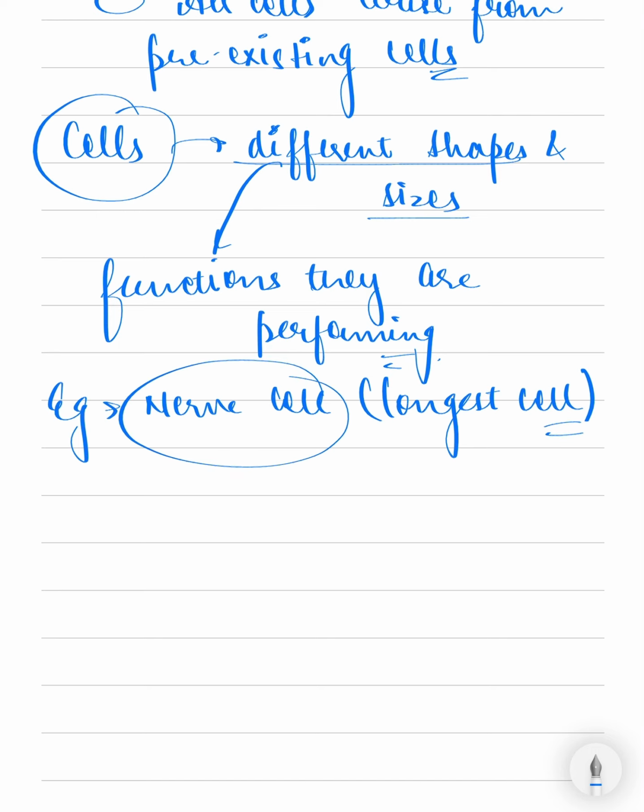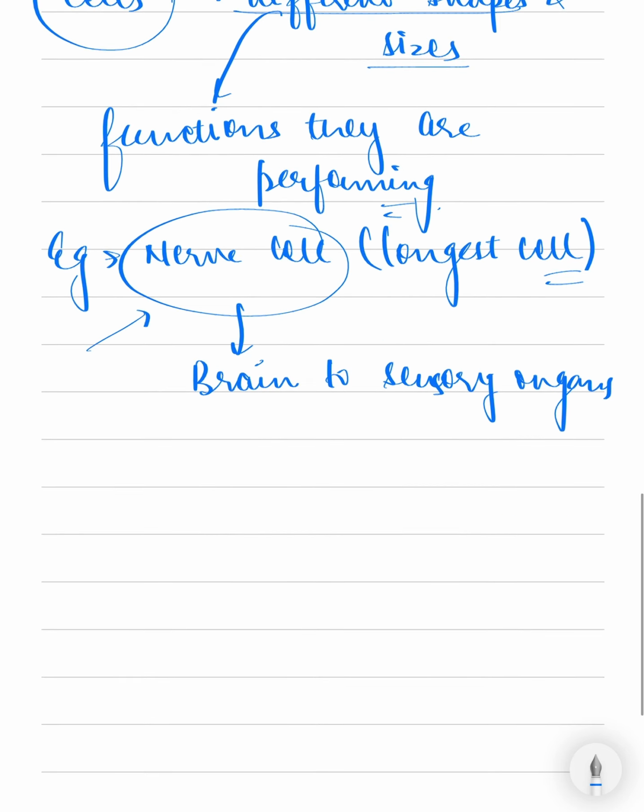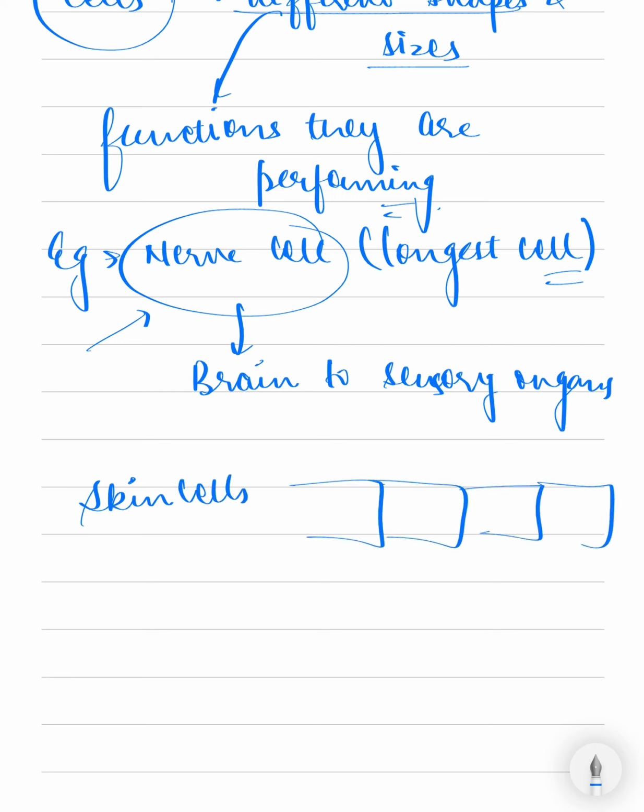These cells have to transmit information from the brain to the sensory organs, and vice versa. And apart from this, we can also take the example of skin cells, which are flat in shape because they have to protect the internal organs.